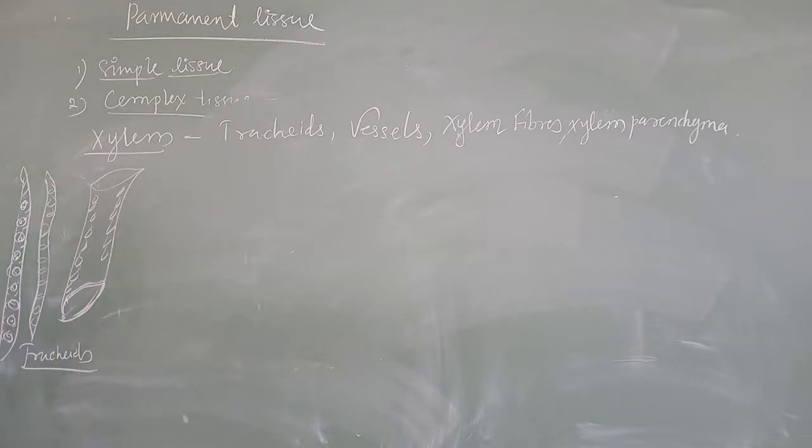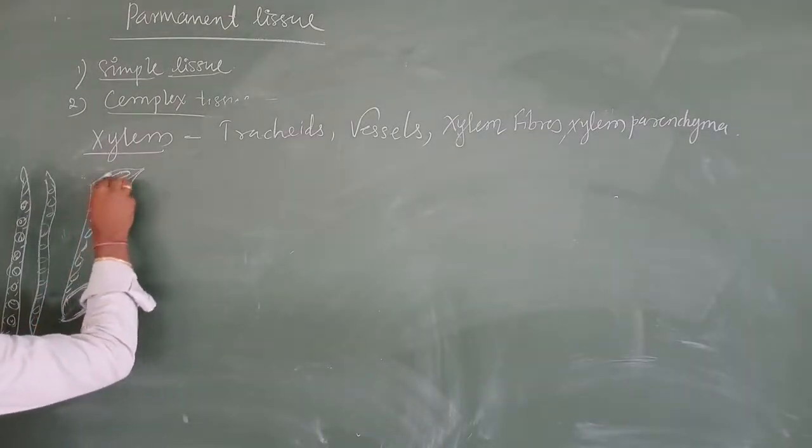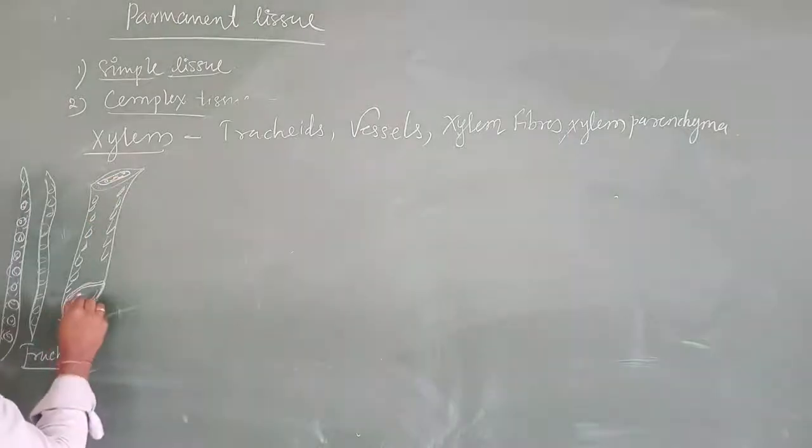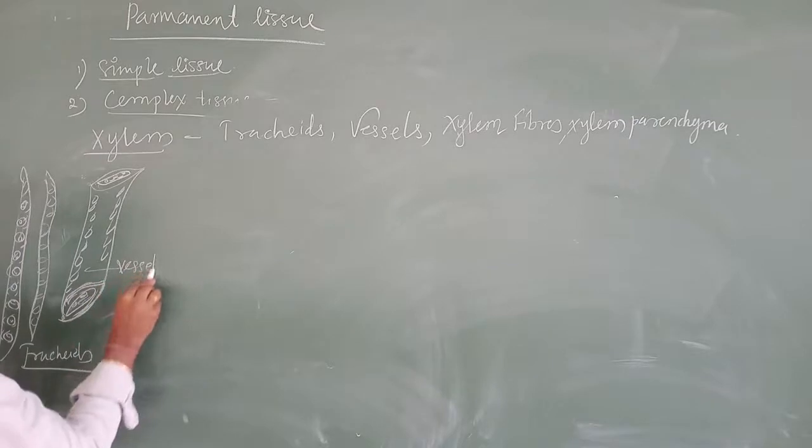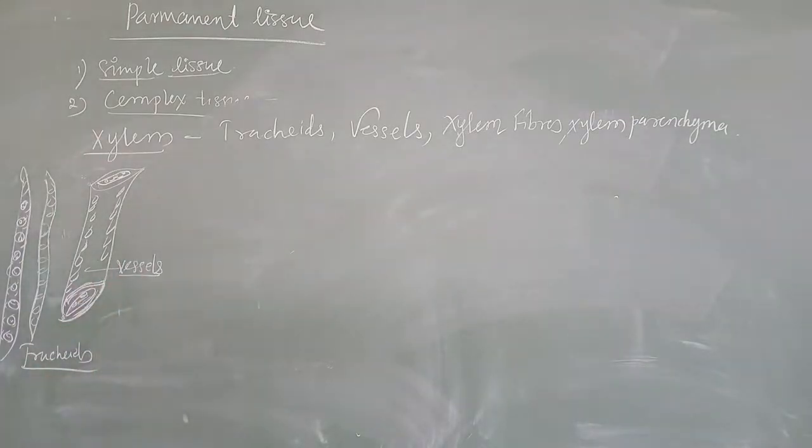Tracheids are the long slender structures, and whatever I drew here in the other diagram, that is the vessel.